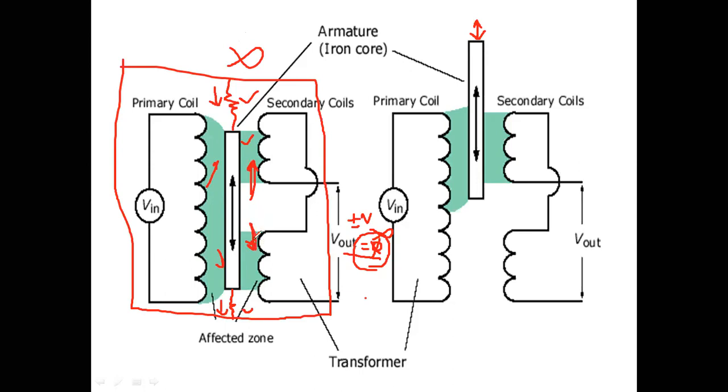If the core moves to the other side, then output will be negative voltage. Okay, so I have to consider this.